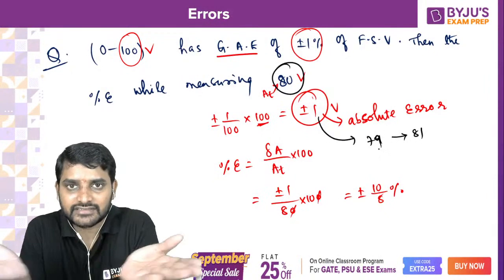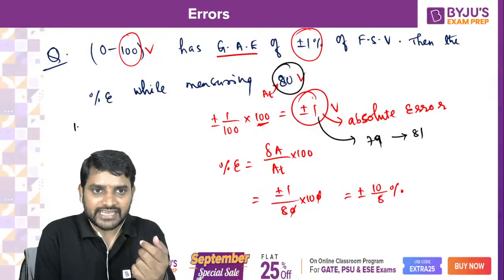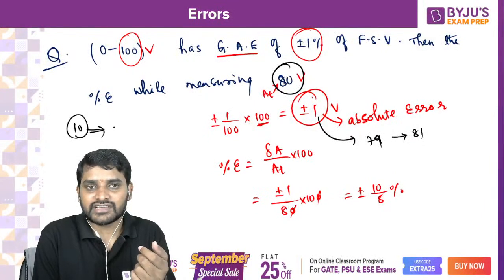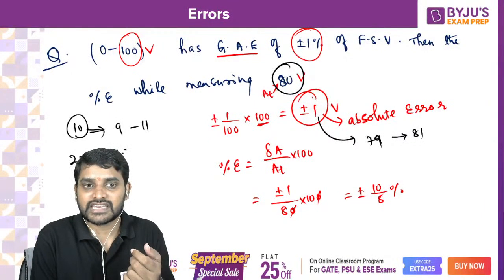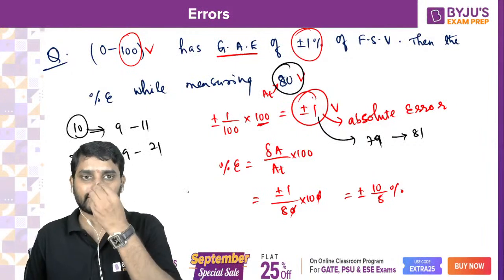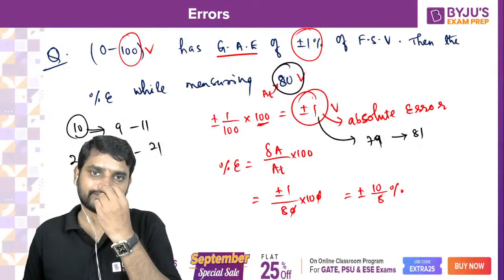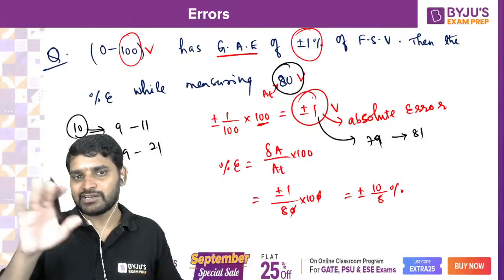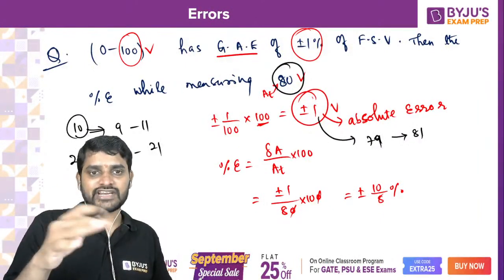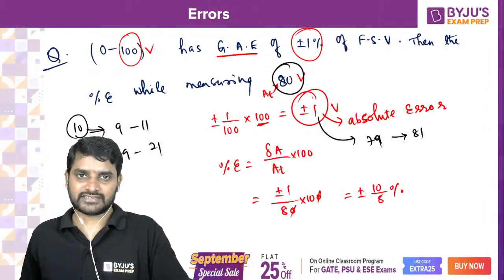This is the limit. There is a range. If I apply 10, my value will be 9 to 11. If I apply 20, my value will be 19 to 21. In that range you are going to get it.